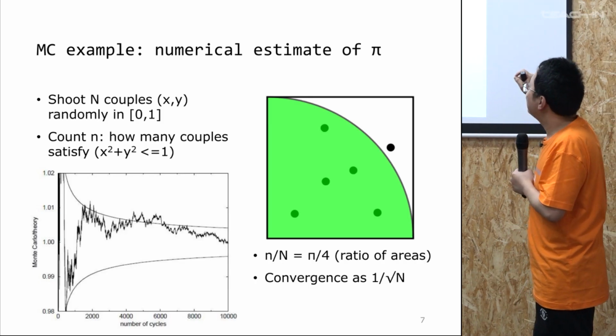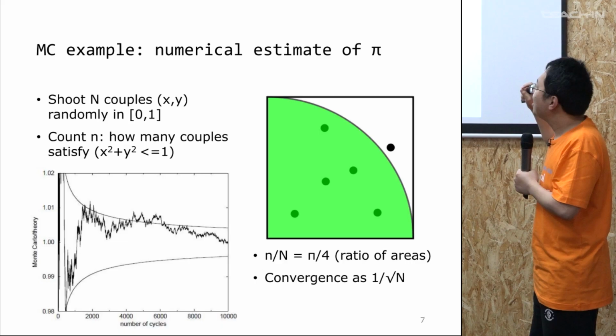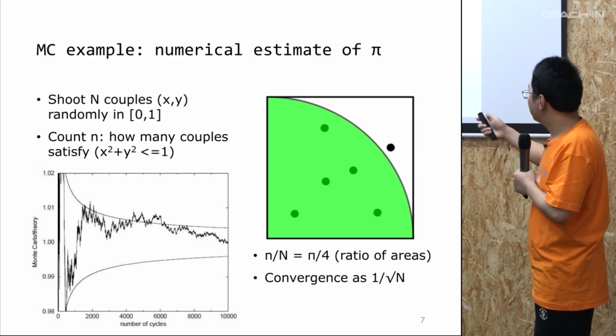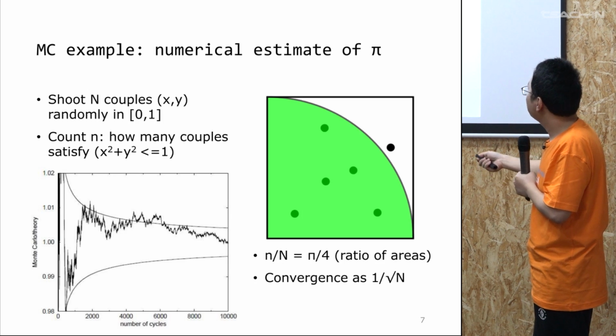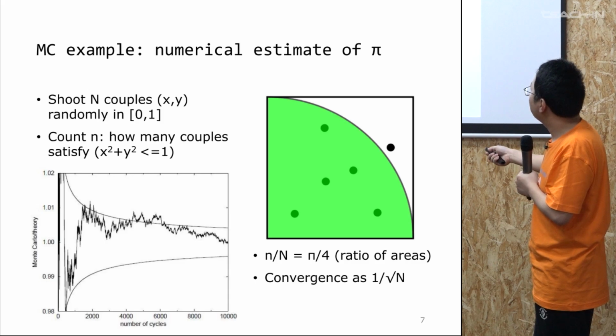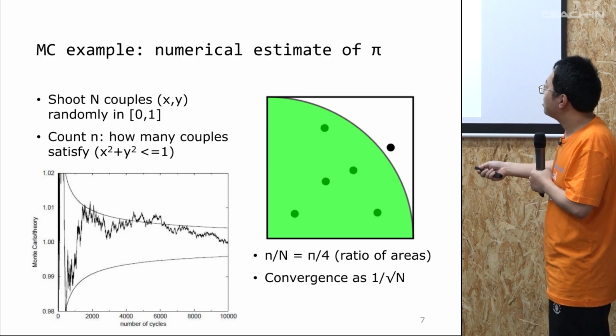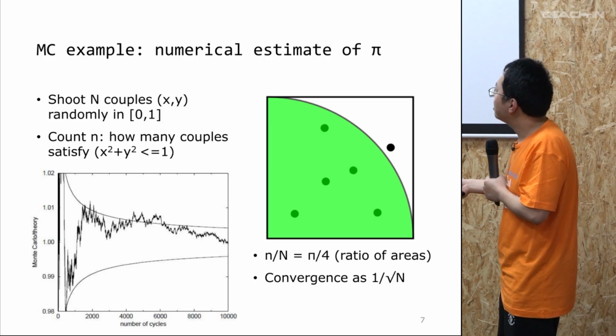If you shoot a lot of points, then you will get an estimation of pi. It should be pi over 4, equal to this number. So this is an example.